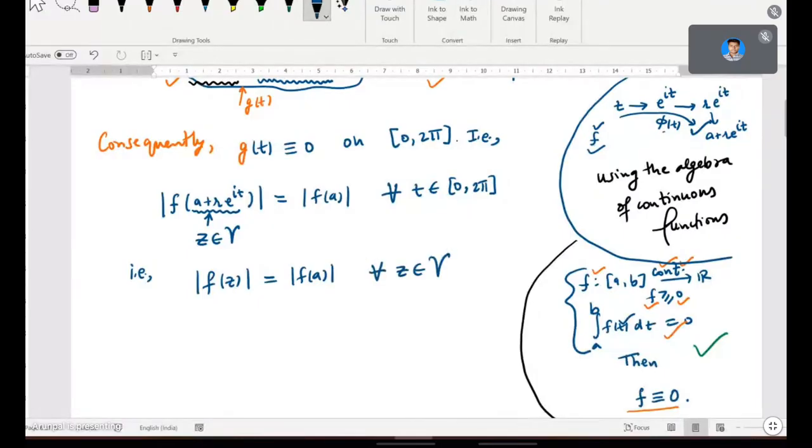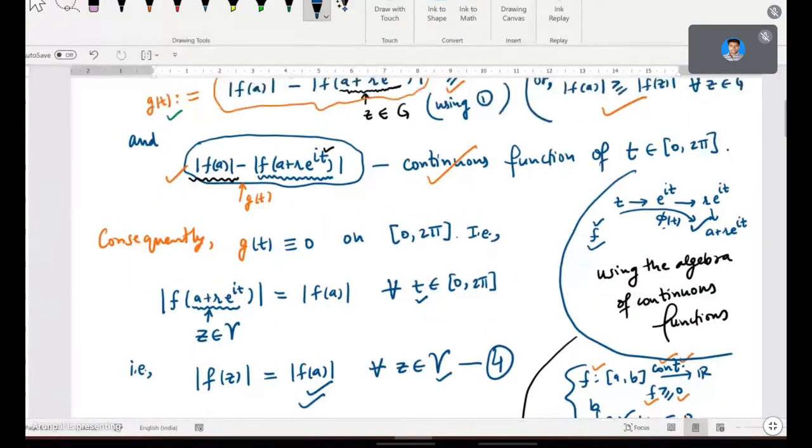So instead of writing it in terms of the variable, now I am writing it in terms of the points of the circle gamma. It means that the value of the function at all points of the circle is this. Is this okay, class?